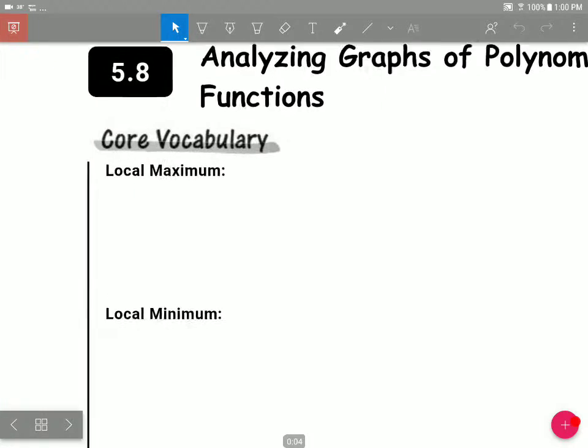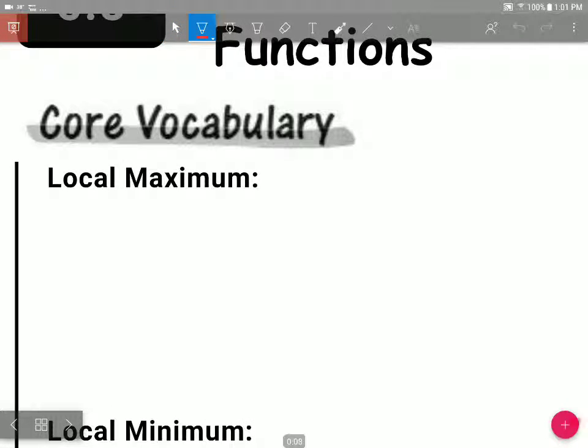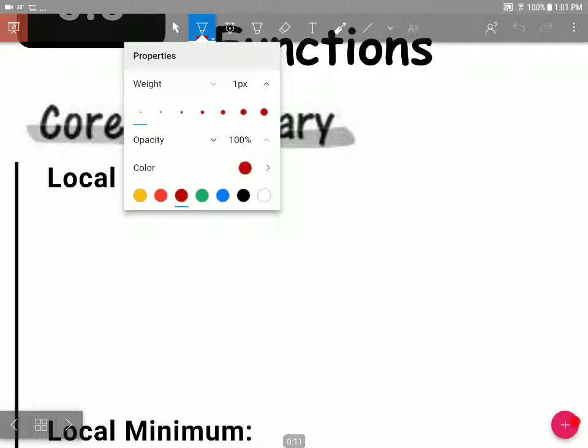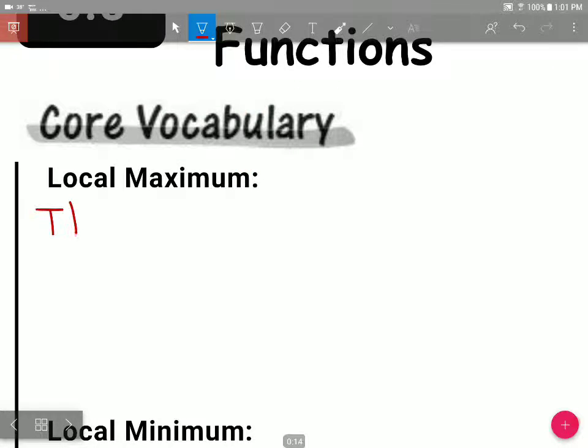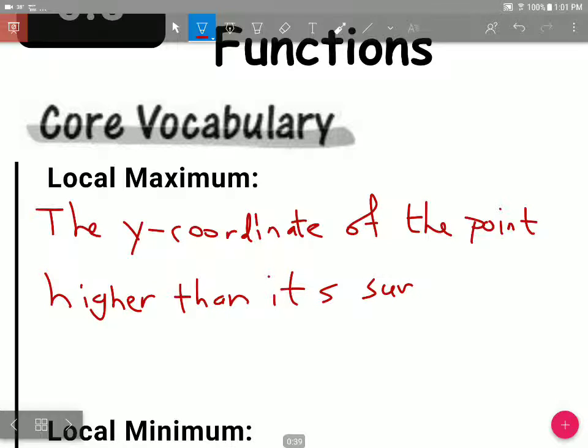5.8. So a local maximum is basically the y-coordinate of the point higher than its surrounding points.